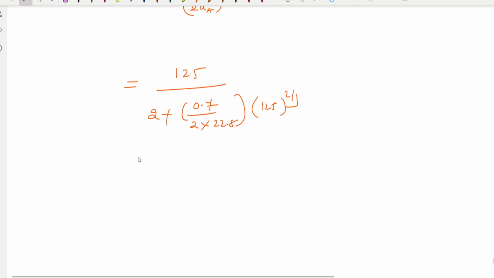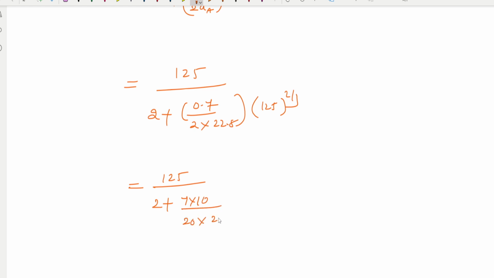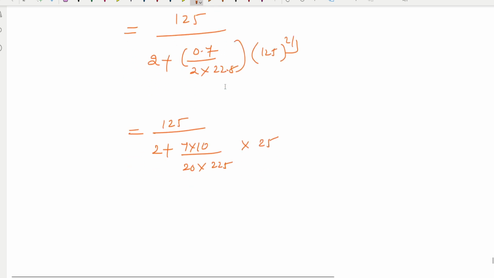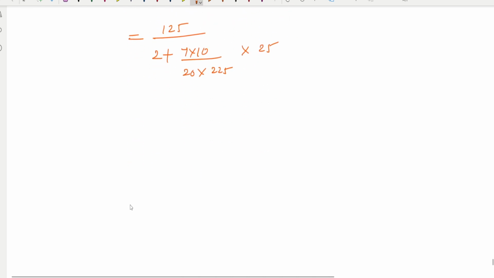It is better, I'm going to calculate this one here, the 125, right? 125 divided by 2 plus, I'm going to write 7 into 10, 20 into 25, okay, into this one is 25. This one is almost 125 divided by 2 plus 0.4.